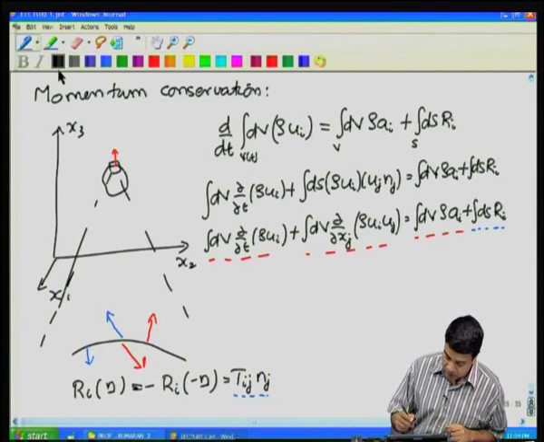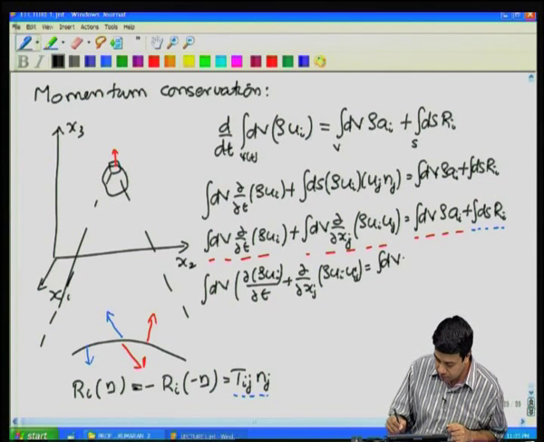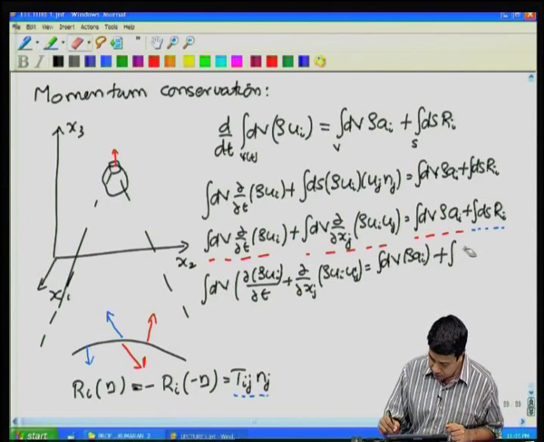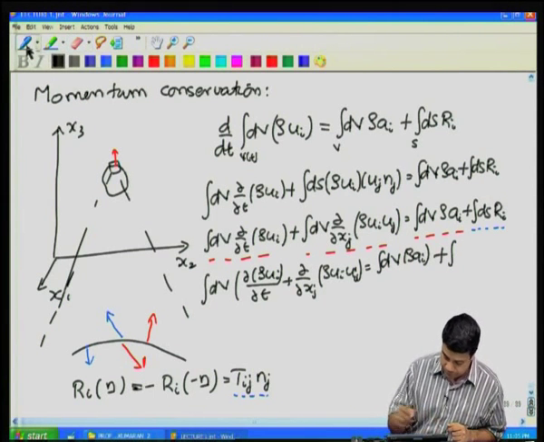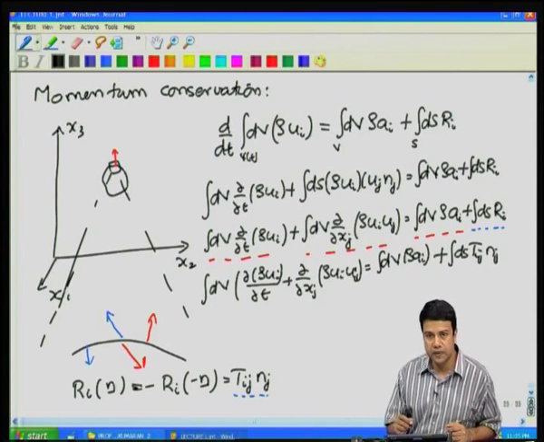Okay. So, with this kind of a stress tensor, the equation that I get is the integral dV of partial of rho ui by partial t plus partial by partial xj of rho ui uj, plus the surface term, integral dS of Tij nj.